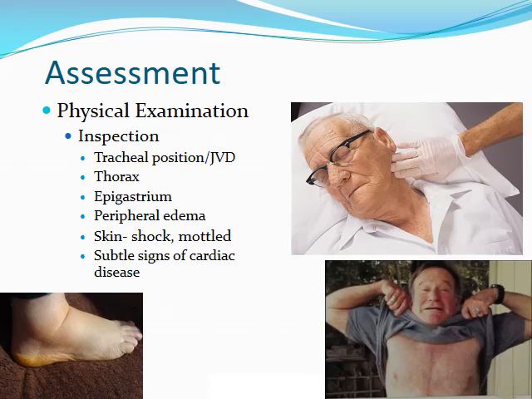Remember, with your assessments, we IAPP: we inspect, auscultate, palpate, and percuss. So on your inspection, look at the neck. Once you get done with your ABCs, look at that neck for the presence of JVD. Expose the chest.